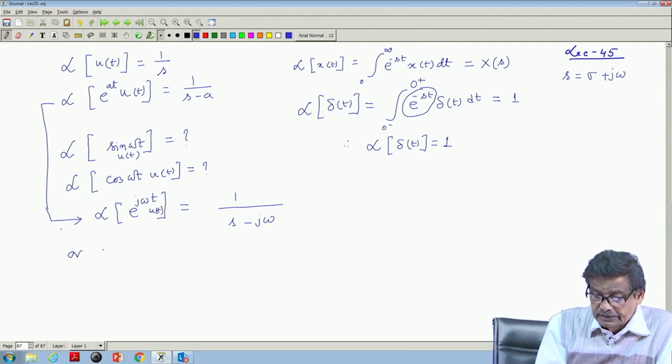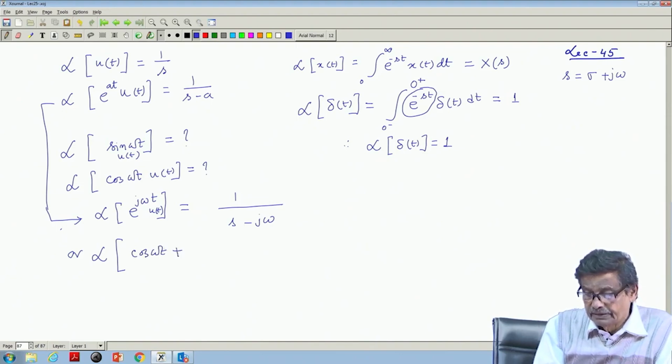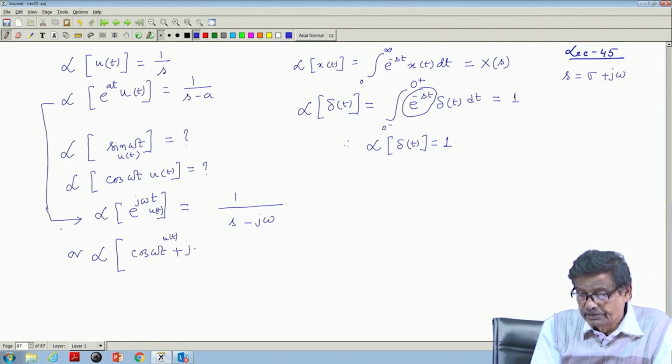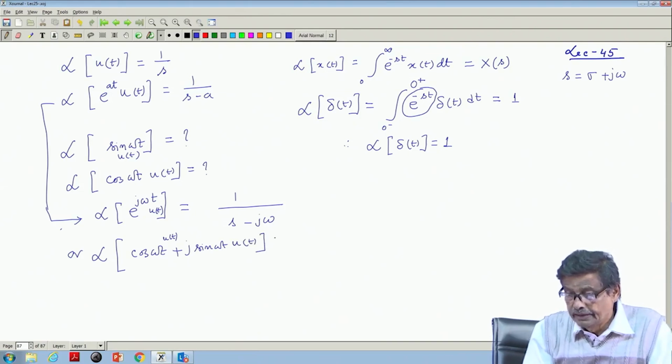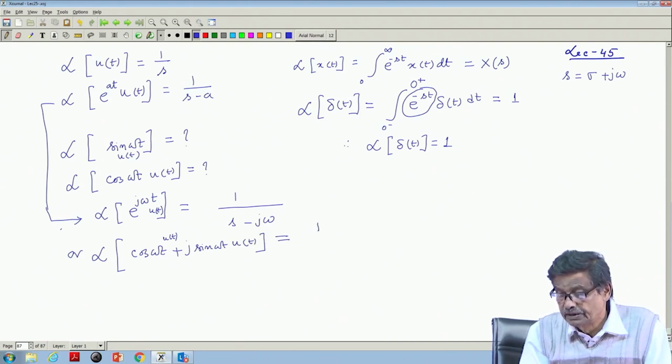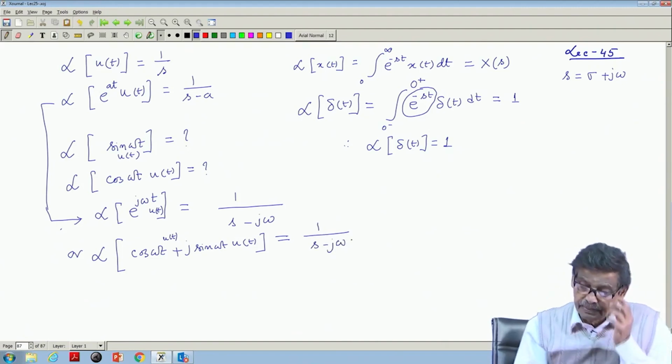Now, this Laplace transform of e to the power j omega t into u(t) is nothing but the Laplace transform of cosine omega t u(t) plus j of sine omega t into u(t), and this Laplace transform is 1 over s minus j omega.